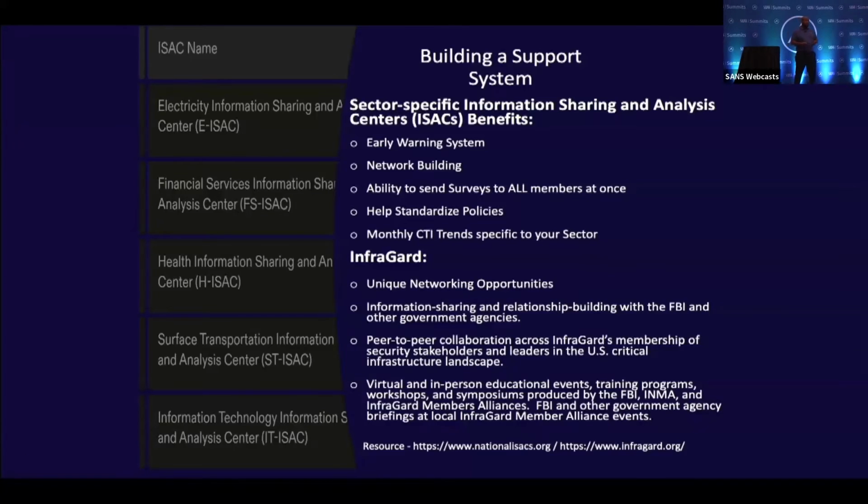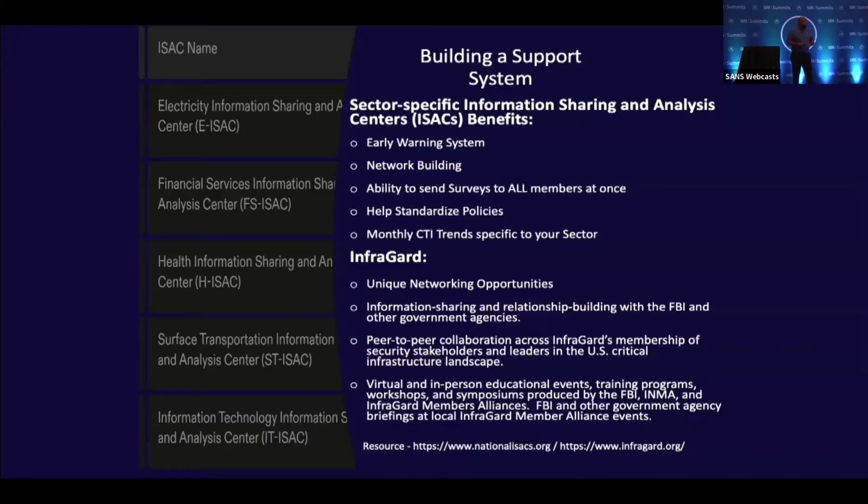Also, there's network building. As I already stated, you're able to communicate with all members. You're able to send out surveys. You're even able to standardize policies. For example, you can reach out to the entire member board or put out a survey and ask them about email retention, or about the different runbooks they use to handle incidents.